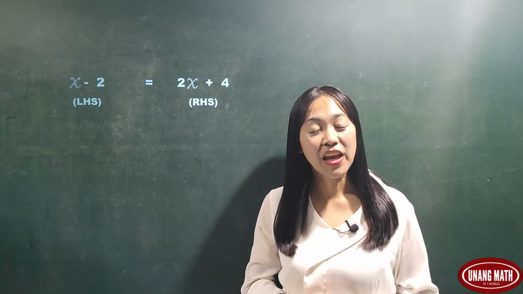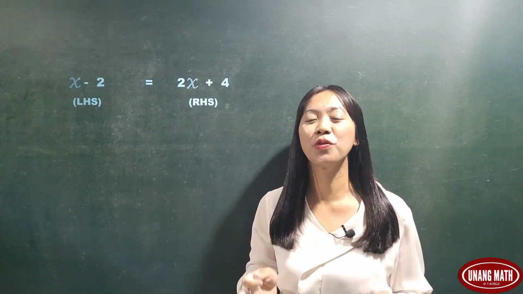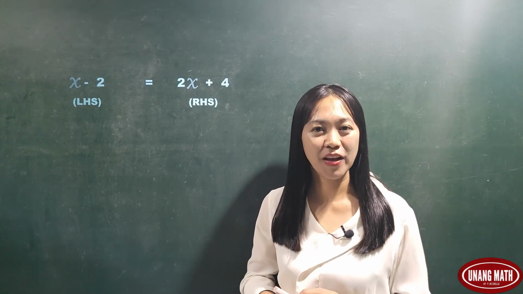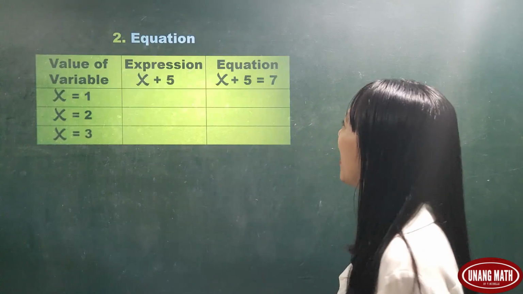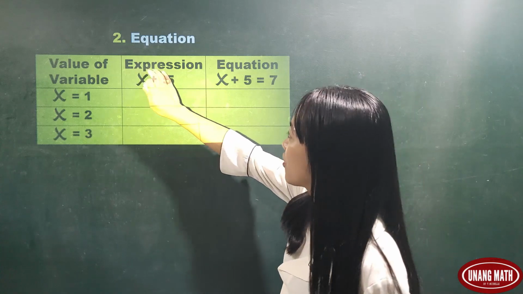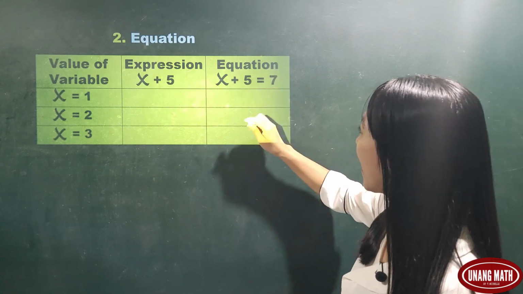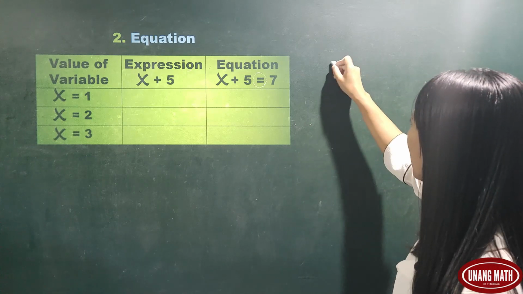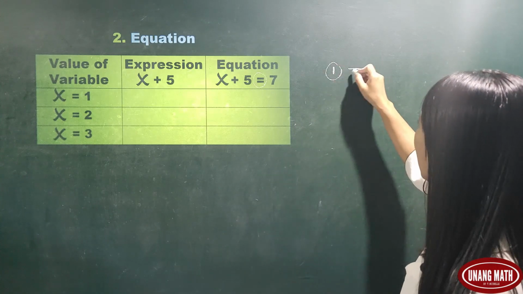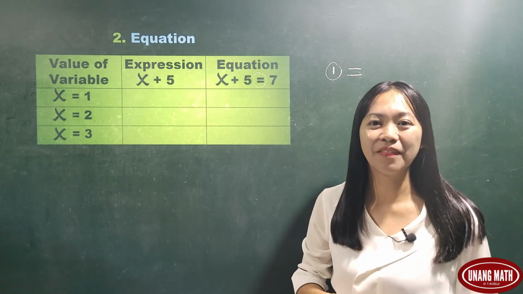Okay, there are three conditions that we need to remember in order for us to say that it's an equation. Comparing it to an expression, equation has an equal sign. So the first condition is equation has an equal sign.